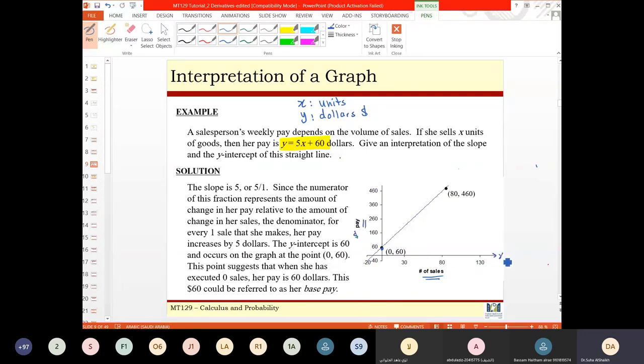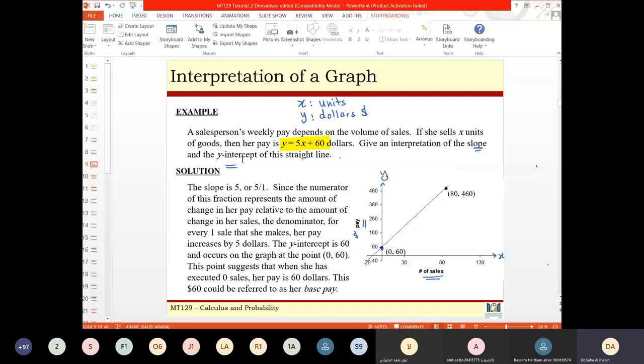This is the relation between x and y، ما بين اليونت وما بين الدولارز. فالquestion عطونا interpretation، they want interpretation يعني تفسير للسلوب وللواي intercept. فأجي أمسكهم واحد واحد وأفسرهم.